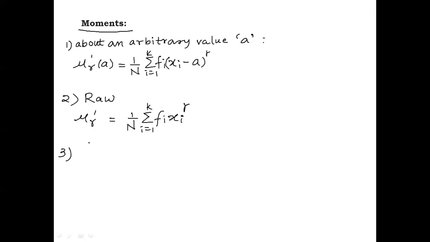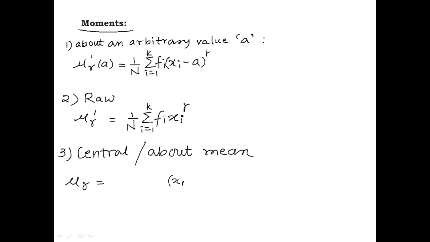And central moments, or moments about the mean. These are of concern to us. This is mu r, and in the formula, A is to be replaced by x bar.